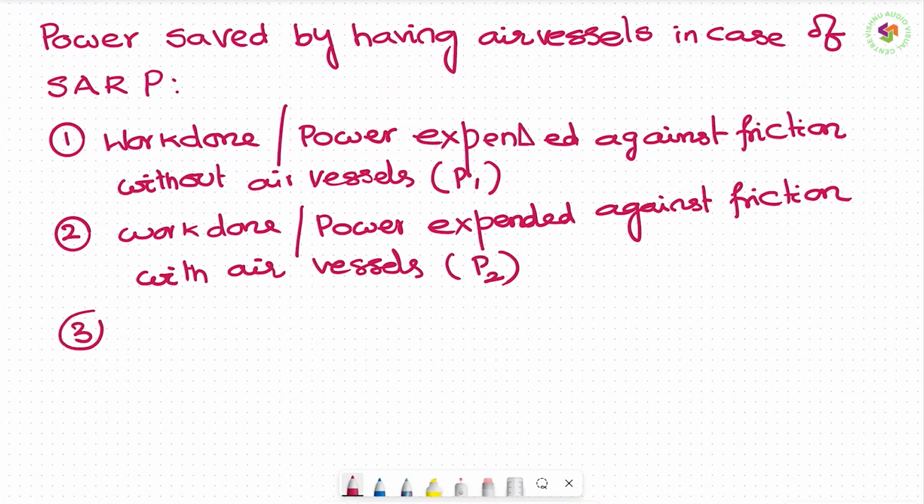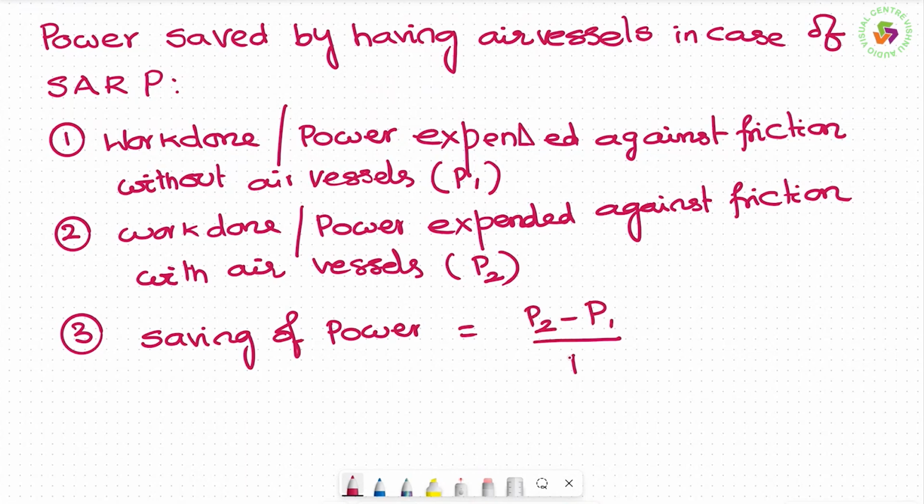Then saving of power. Saving of power is nothing but P2 minus P1 by P1 into 100.